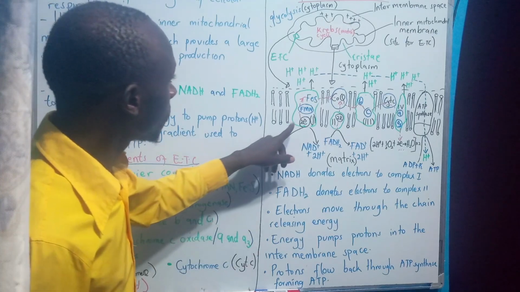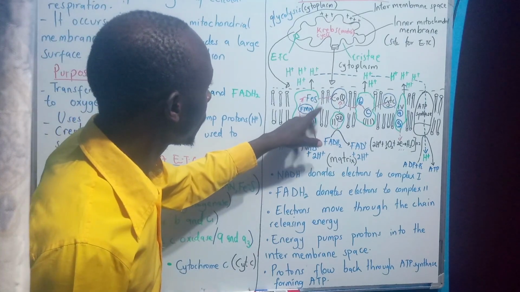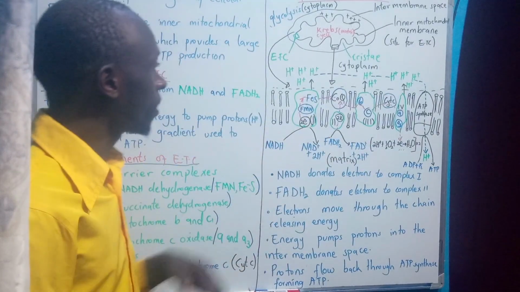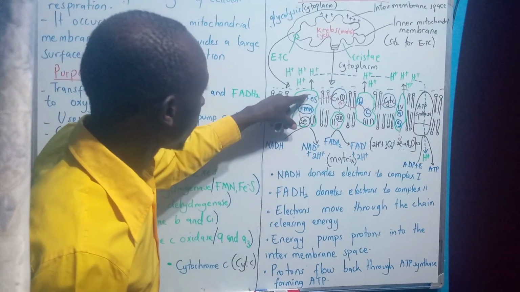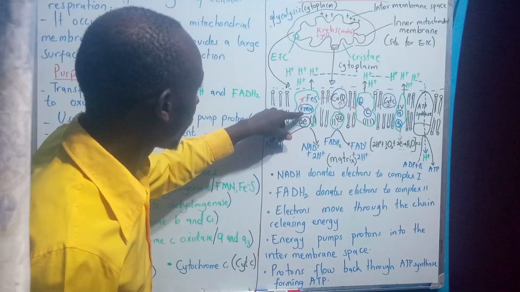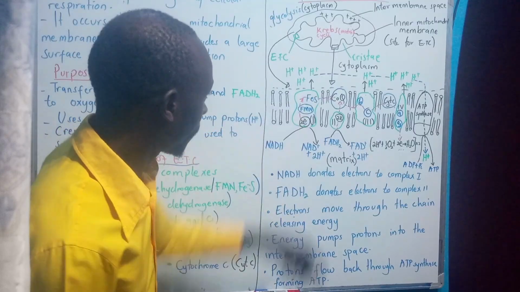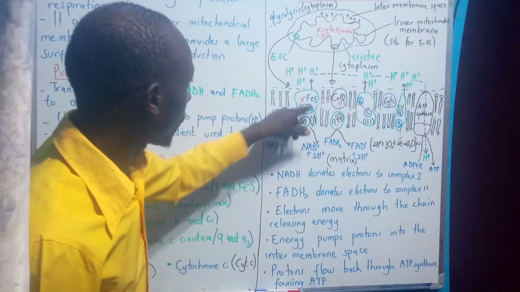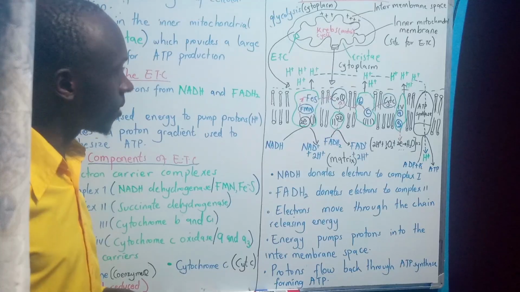Each molecule that is receiving an electron at a higher energy level is more electronegative than the other. So iron sulfur containing proteins are more electronegative than the Flavin Mononucleotide, and then ubiquinone is more electronegative than the iron sulfur containing proteins.